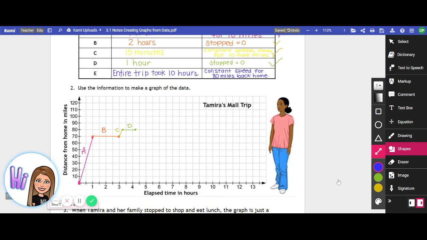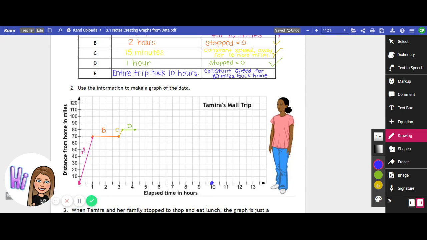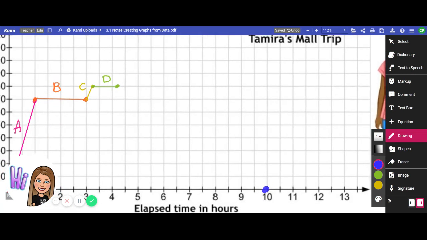Okay, so finally for our segment E, it doesn't tell us how long, it just tells us that the entire trip altogether took 10 hours. And that after 10 hours, we took a constant speed for 80 miles back home. So we're going all the way back home, but I know that it took me 10 hours. So I'm going to come down here to 10 and I'm going to put my ending point.